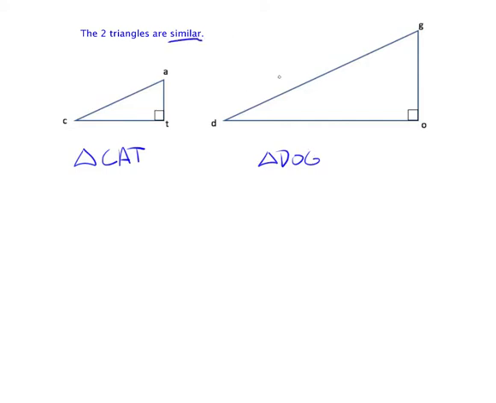So sometimes we have triangles that are stated to be similar, and sometimes we have to name them that way. These two are not congruent right now because we have to name them in the right order.